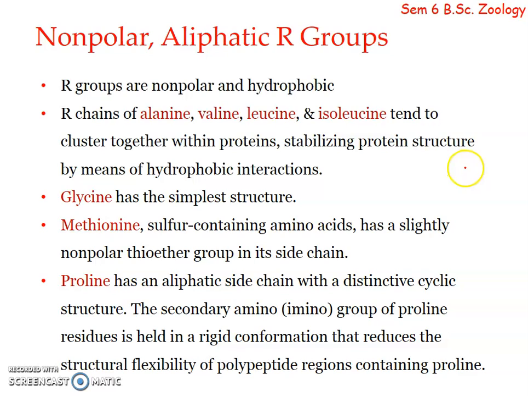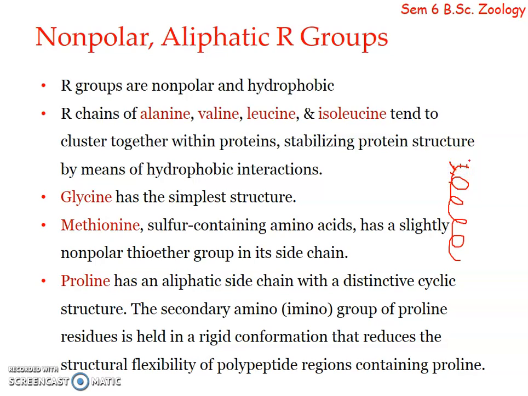So just imagine we have an amino acid chain like this forming a protein or polypeptide. Okay, we have one amino acid over here, second one here, third one here, fourth one here, likewise. So when there is a hydrophobic amino acid, that is an amino acid with a hydrophobic side chain group, okay, just imagine this is the one.